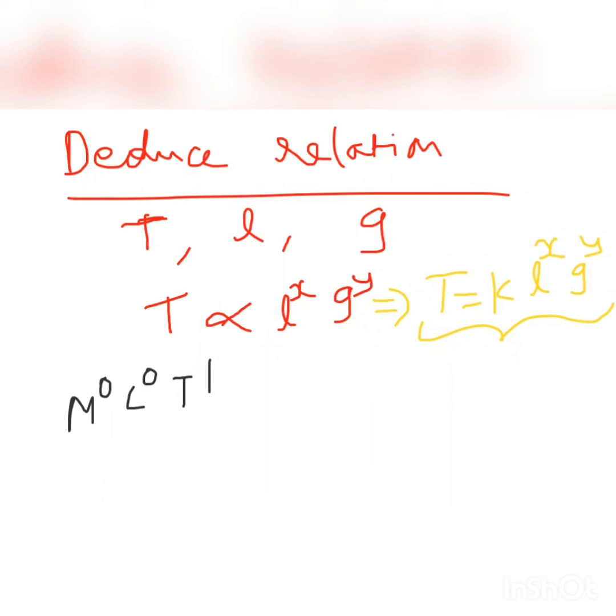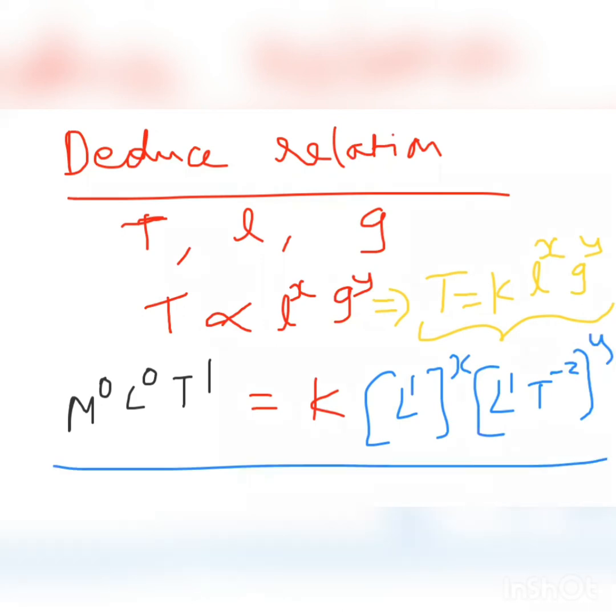The RHS is K, which is a constant, and then L power 1 whole power X, and G, L1 T power minus 2 whole power Y. This is the equation I framed. I have written the dimensional formula for each physical quantity: time, length, and G. For K there is no need to write, since K is a proportionality constant and we don't have that knowledge.